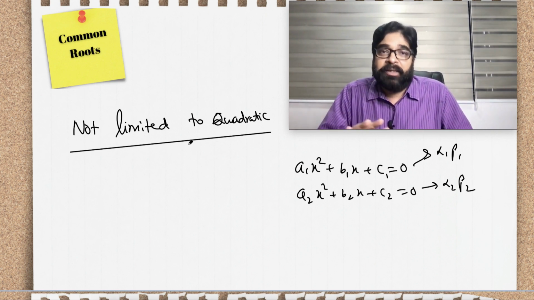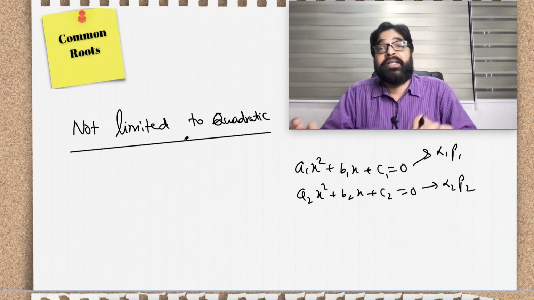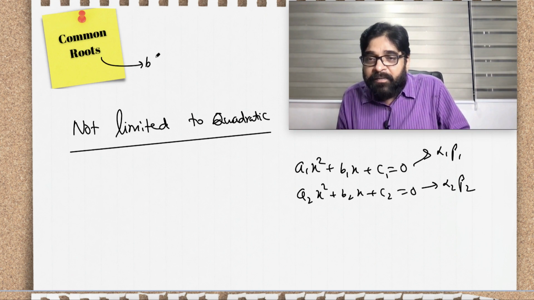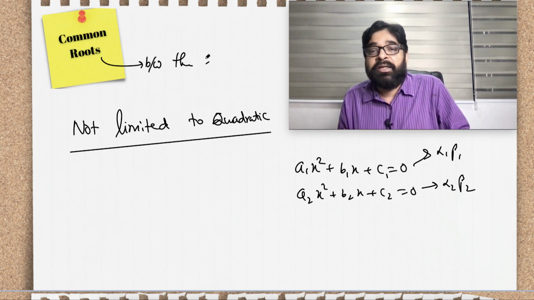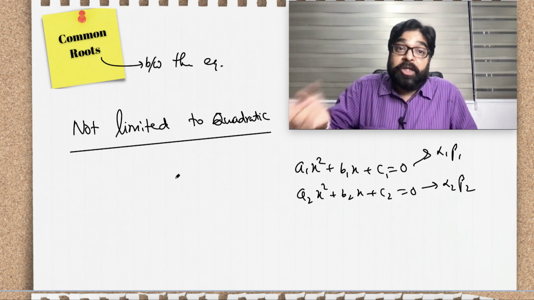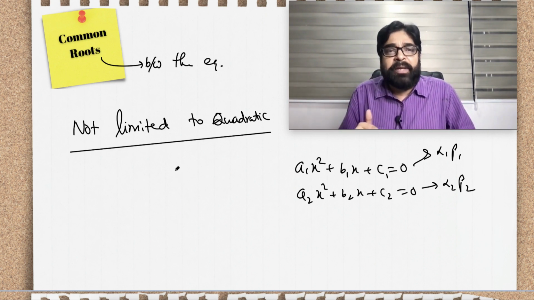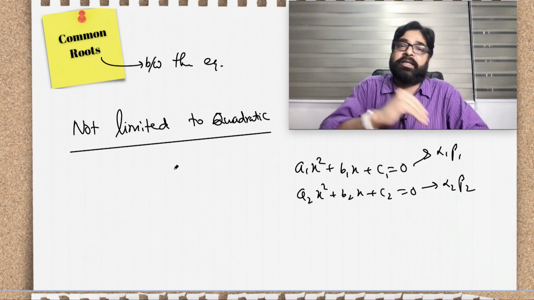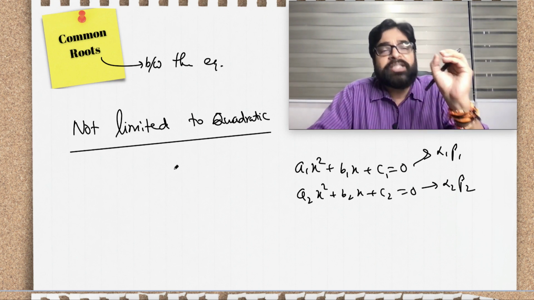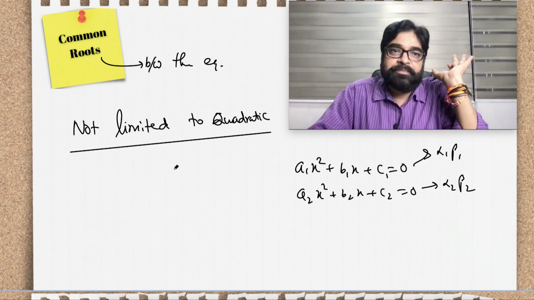So common means common roots between the equations. It is not necessary that both equations will be polynomial. Sometimes it can happen that one is a logarithmic equation and another is a quadratic equation. Common roots means what? The value of x which satisfies both the equations. Are you able to understand my point?